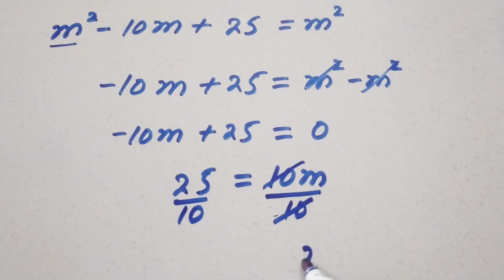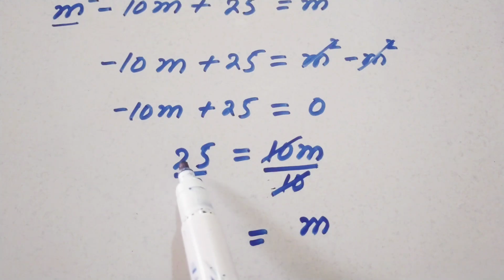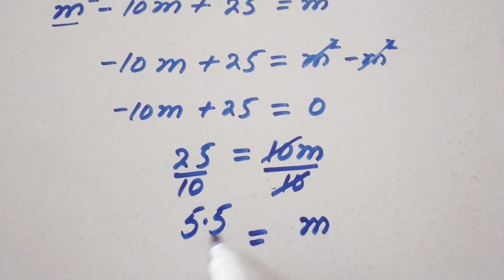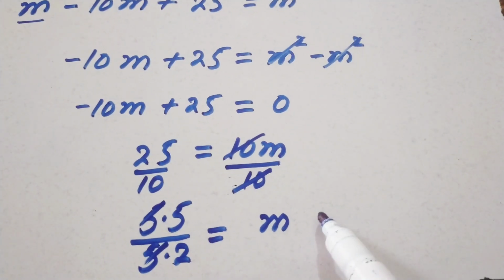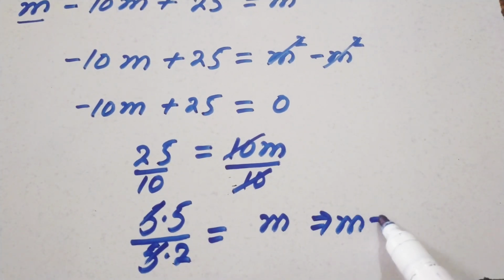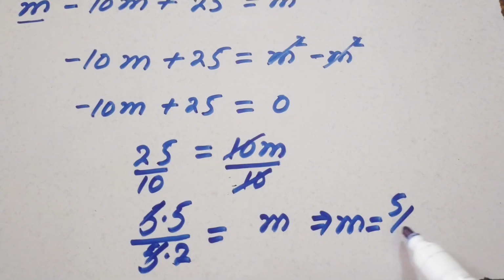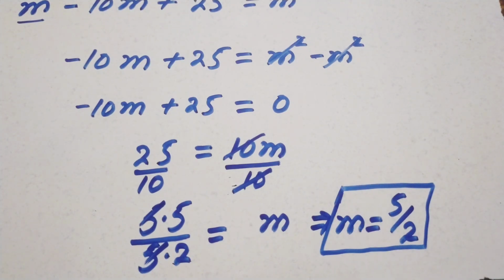We are left with m is equal to 25 divided by 10. We can write this as 5 multiplied by 5 divided by 10, which is 5 multiplied by 2. So this 5 from numerator and this 5 from denominator cancel out. So we get m is equal to 5 divided by 2. So we got the value of m is 5 by 2.